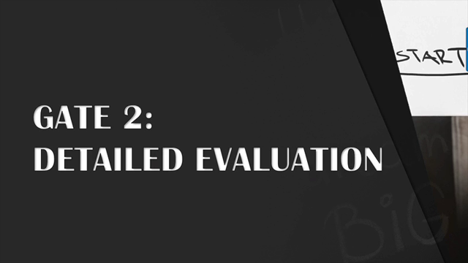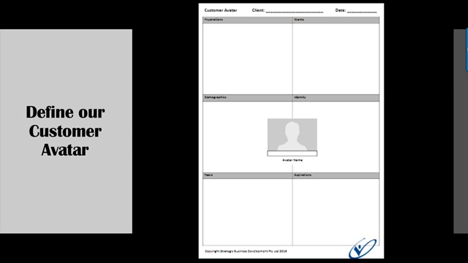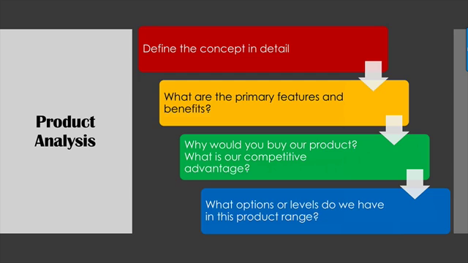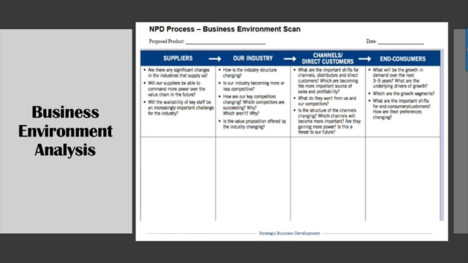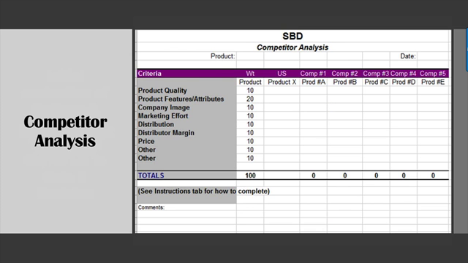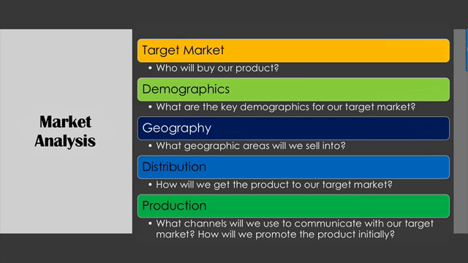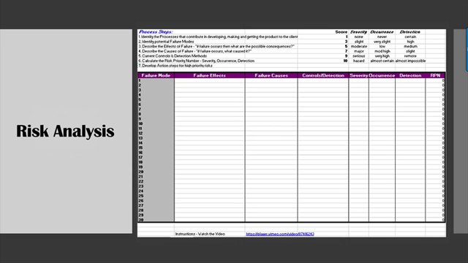If we've decided to move ahead, we need to do a detailed evaluation. We define our customer really clearly. We look at the product and really break it down. We look at the business environment and pull it apart and ask what's happening in our business environment. We do a competitor analysis, a market analysis, and a risk analysis. So we've got all these spreadsheets, all these things to do. Now, some of them you may decide not to do.